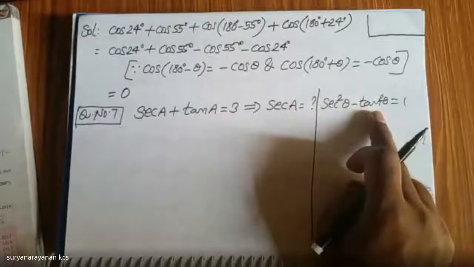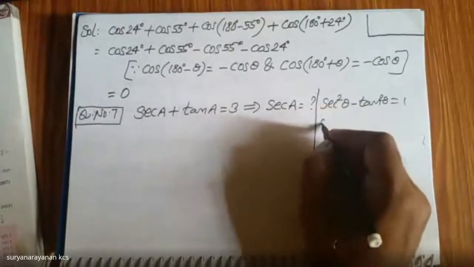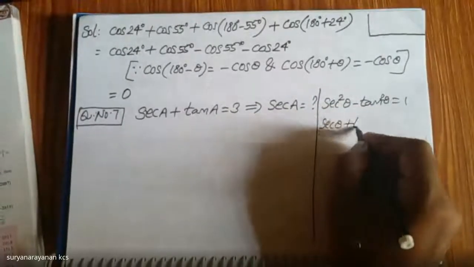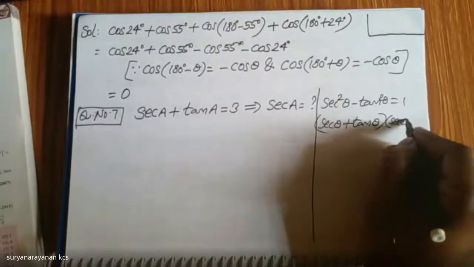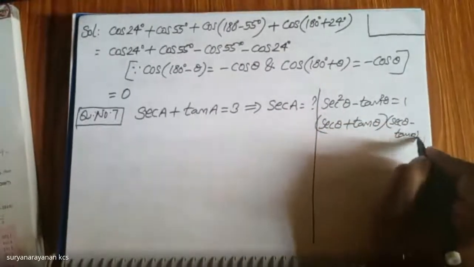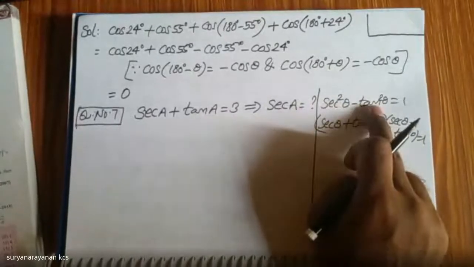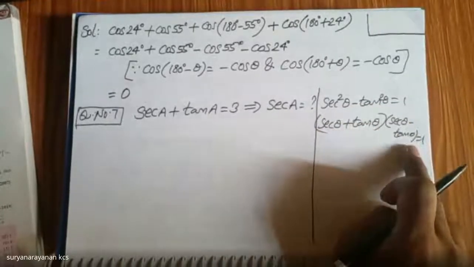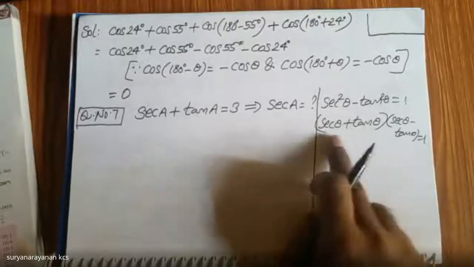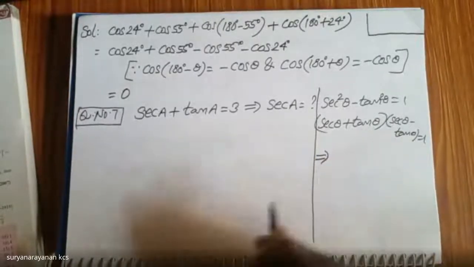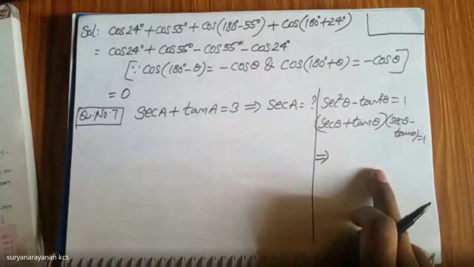This can be written as secant theta plus tan theta into secant theta minus tan theta, by using the algebraic identity a square minus b square equals a plus b into a minus b, where a is equal to secant theta, b is equal to tan theta. Understood this step? We are deriving a new trigonometric identity.